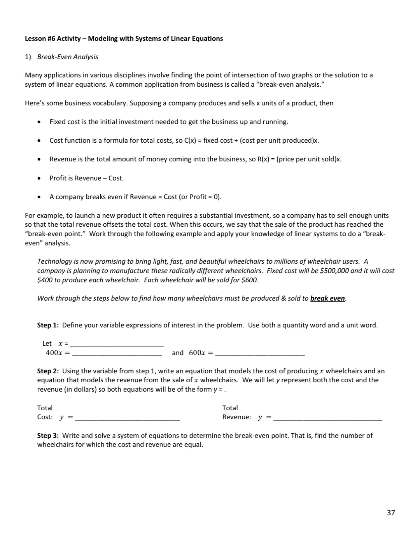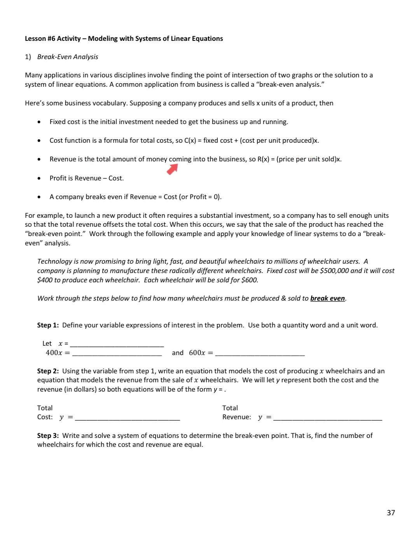Your cost function is a formula for total costs. So we call it C of X, and it's fixed cost plus cost per unit produced times the number of units produced. So cost is going to be fixed cost plus your cost per unit times your number of units.